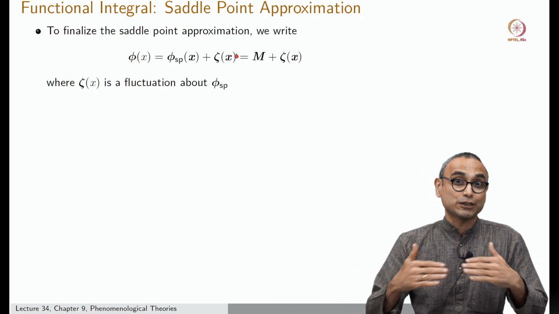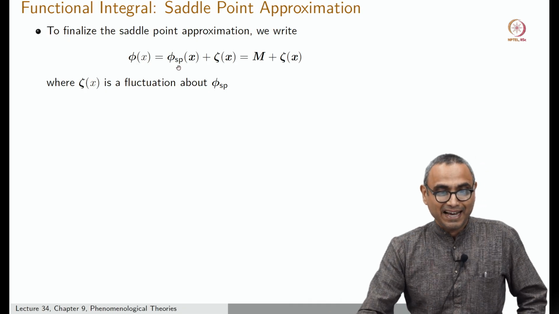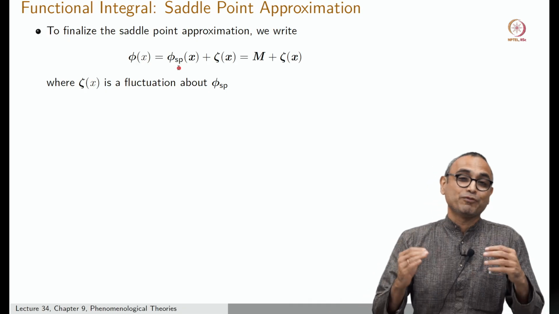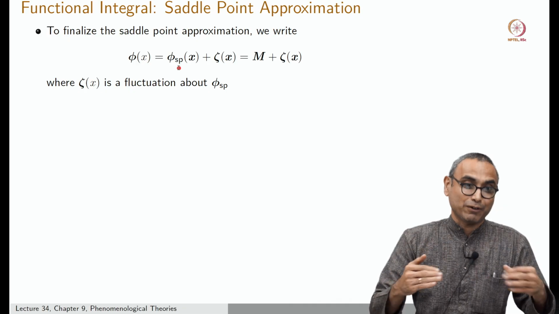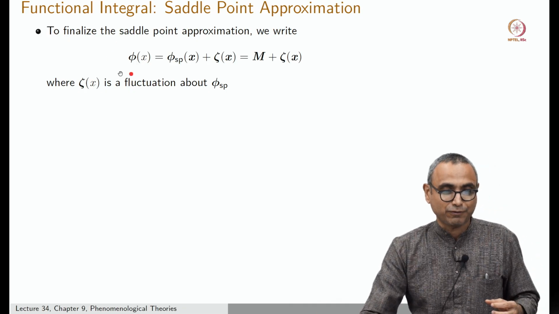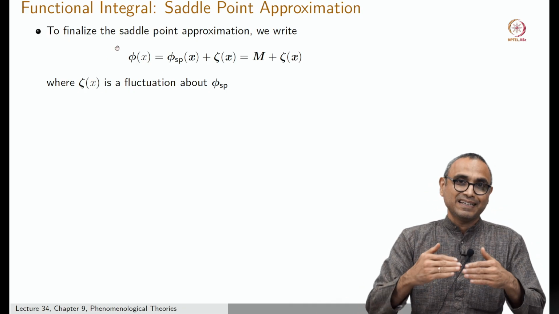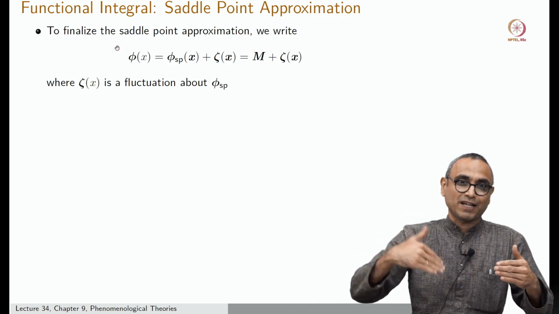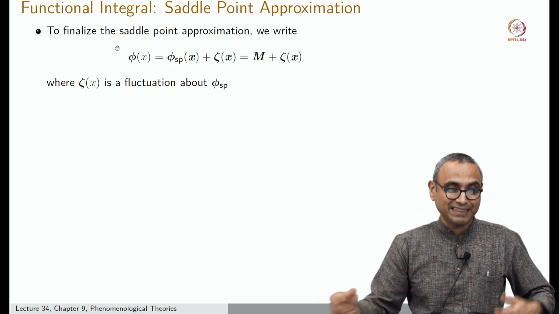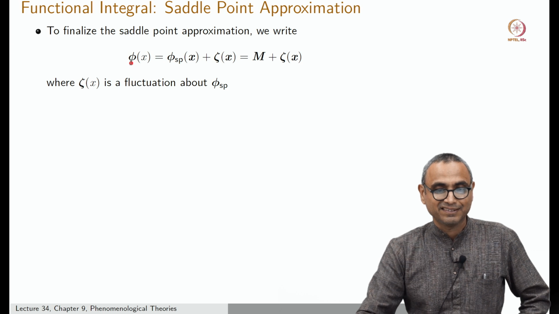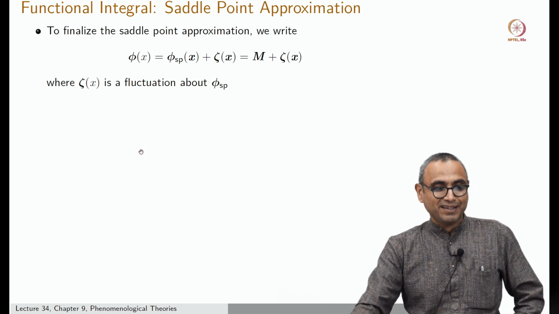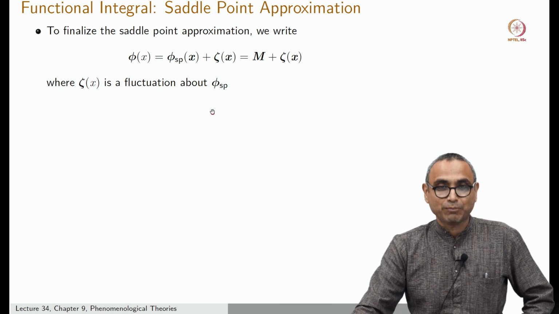This is the fluctuation about the saddle point. So we are bookkeeping our fields phi of x as the saddle point value plus fluctuations. It's a way of parameterizing the fields, where zeta is the fluctuation about the saddle point field.